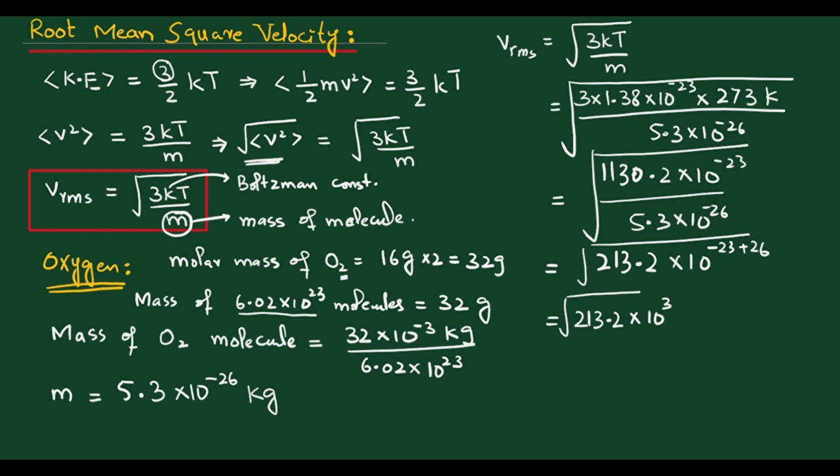If we move the decimal point to the left, we will get 21.32 times 10 raised to power 4, under the square root. Taking the square root of 21.32, we will get 4.61.